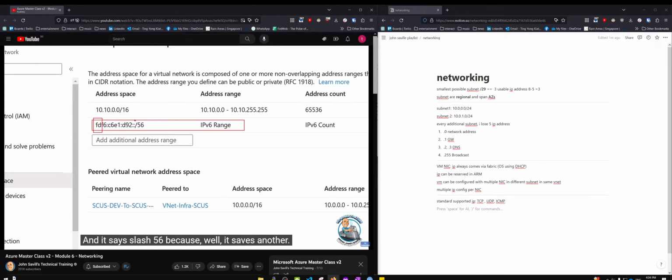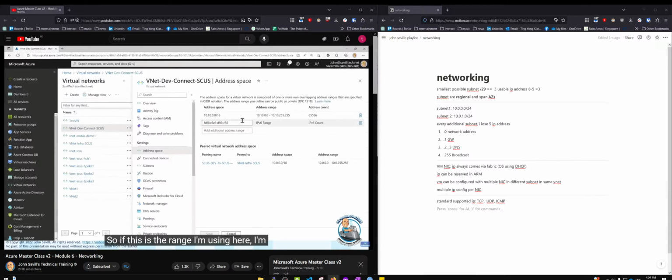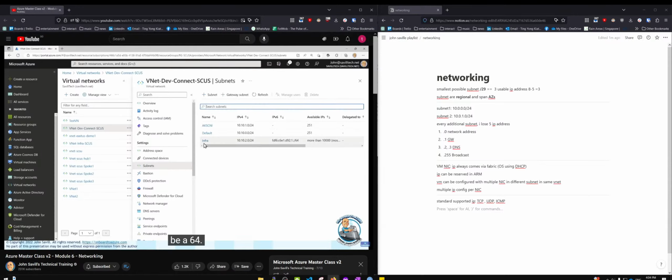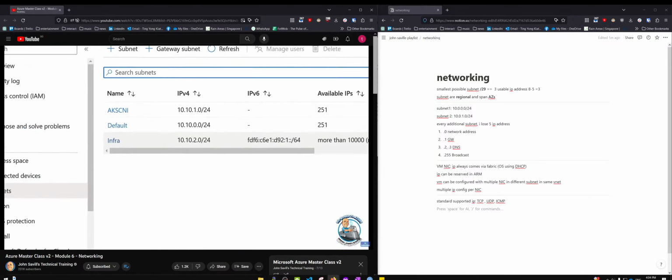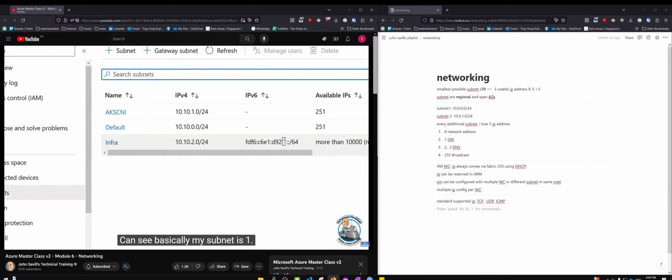And it's a /56 because it saves another set of bits that I can actually use as part of the subnet. So if this is the range I'm using here, and I'm using a portion of it, my actual subnet would always be a /64. So here you see basically my subnet is 1, but that is my subnet. And notice available IPs, it's just saying more than 10,000.